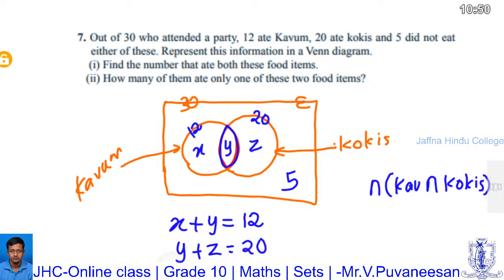Now I add both these two: x plus 2y plus z equals 32.